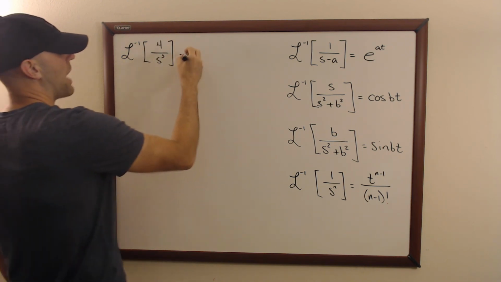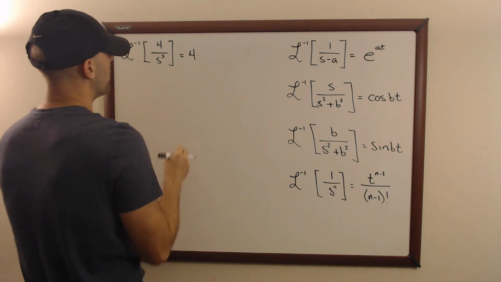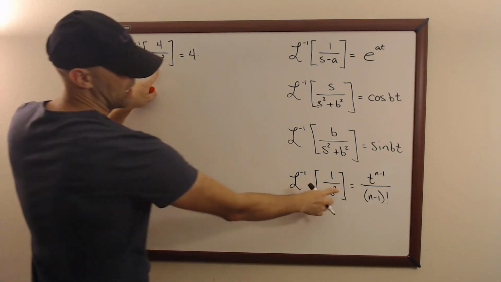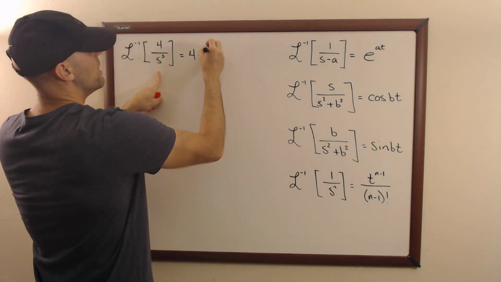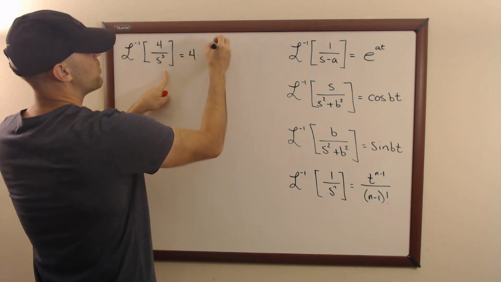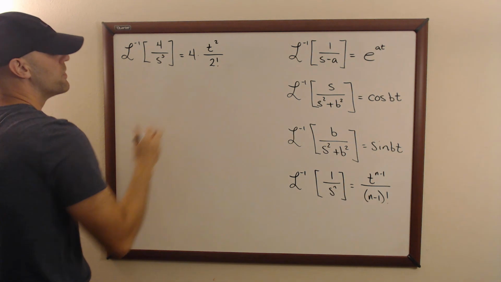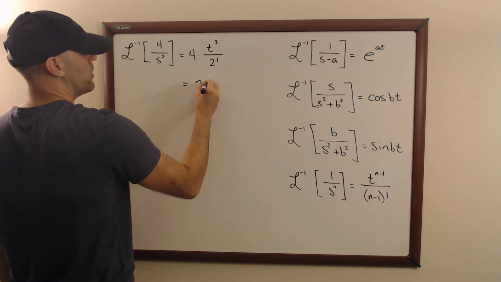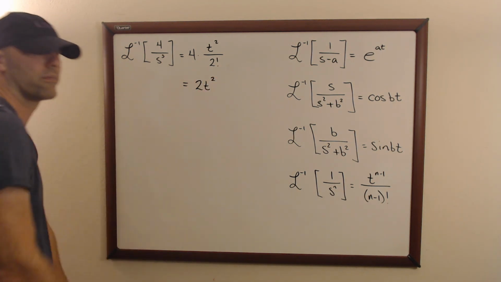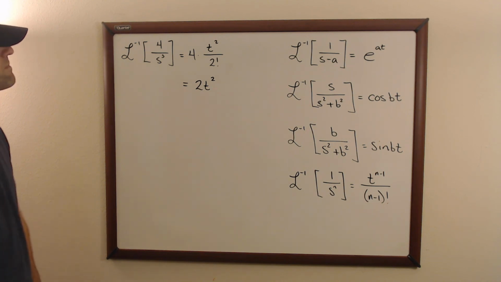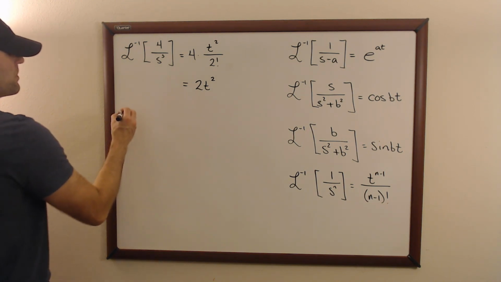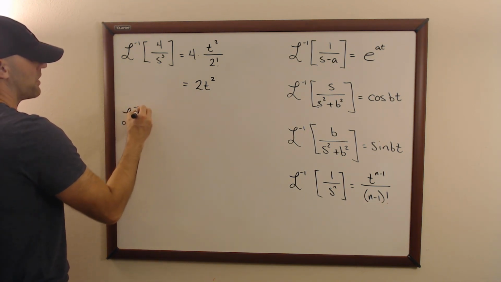The 4 doesn't matter. Again, it's linear transformation. I've got s cubed, n here is 3. This is t to the 3 minus 1, that's 2, over 3 minus 1 factorial, that's 2 factorial. This turns out to be 2t squared. Easy peasy, right?